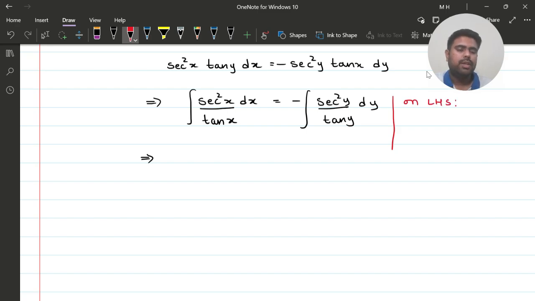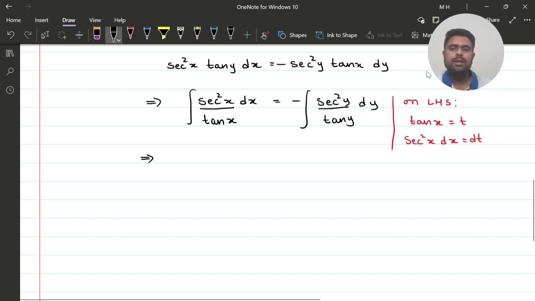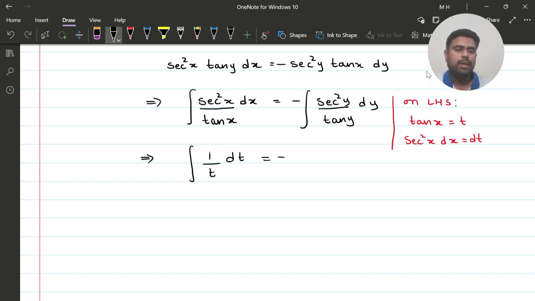Or else, if I substitute, on LHS, tan x as t, I will get sec square x into dx as dt, right? So will I get 1 by t into dt? Yes. So that will be equal to minus. Now on RHS, I will substitute tan y as, let's say, v.